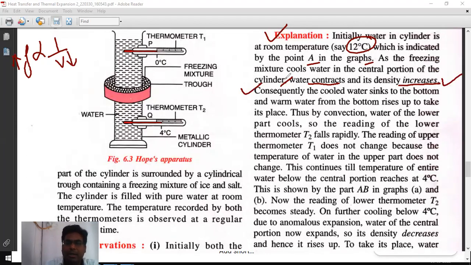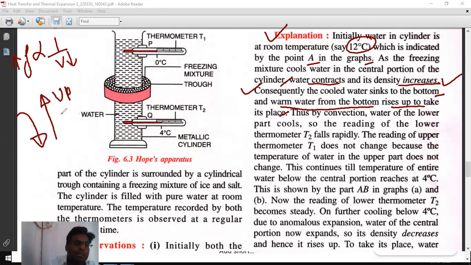Consequently, the cooled water sinks to the bottom and warm water from the bottom rises up to take its place, because cold will replace the hot one. So cold water will go downward and warm water will move up, right?